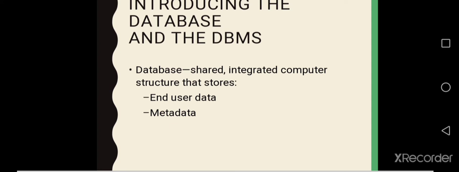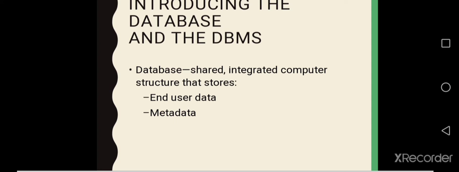A database can be shared, or it should be shared. It is an integrated computer structure that stores end user data and metadata. When we say metadata, we're referring to data within a data.